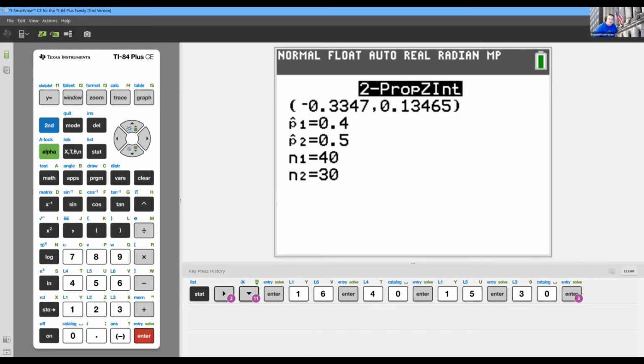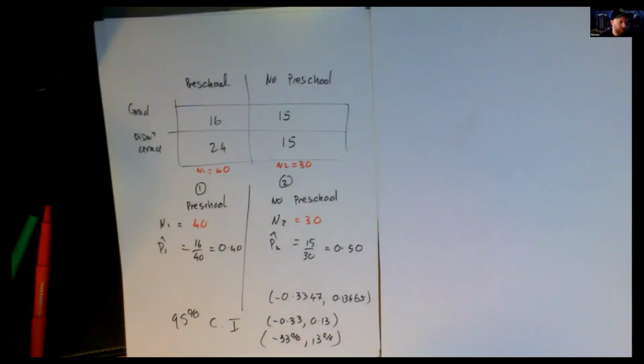So we're going to look at this interval and see if we can conclude anything about it. Is there evidence to show that preschool or no preschool had any effect on the graduation rate? Well, look at the interval. Isn't 0 in there? Isn't 0 between these two numbers?